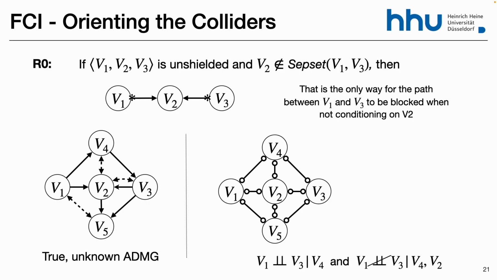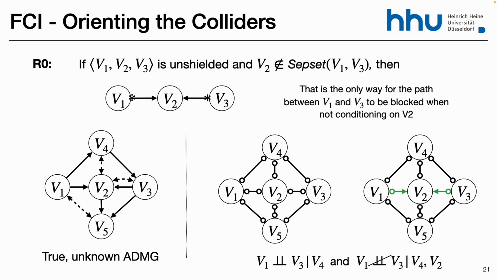And if you remember, those were the tests. So the separating set for V1 and V3 is just V4. So for this triplet, V2 is not part of the conditioning set, so we put it as a collider.